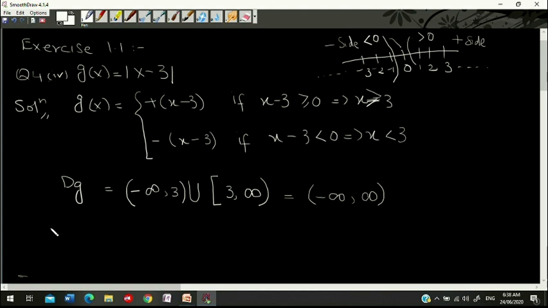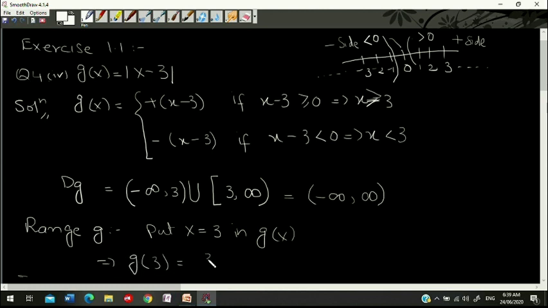Similarly, when we have to find the range of this function, what do we do? We simply put x equal to 3 in our g of x. So what do we get? g of 3 is equal to mod of 3 minus 3, which is equal to 0.